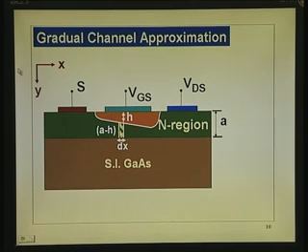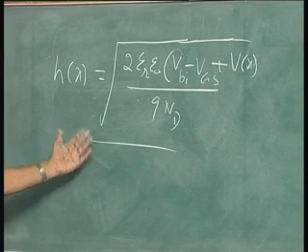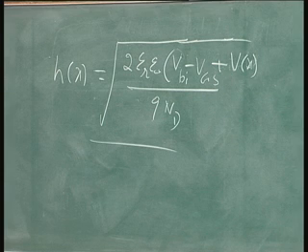If I call it as y and that is as x, perpendicular to the channel is y, parallel is x. So, what we assume is, even though there is a field in this direction because of the VDS, that field is negligible compared to the field in the y direction. That is the assumption that we make. Then only we can write this equation strictly, because electric field is completely one dimensional in that direction. That is called gradual channel approximation.